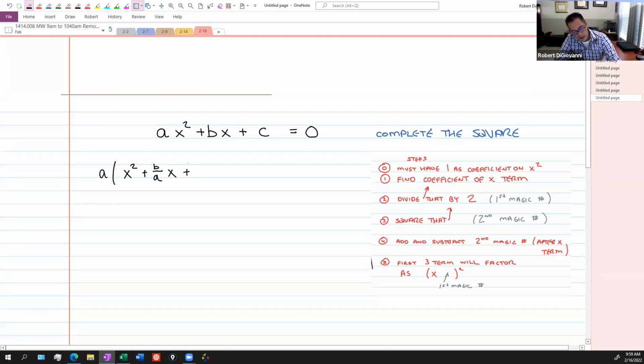And then if I pull an a out from the c, I'm going to have c over a equals 0. Do y'all believe that? If I push this a back through, I'll get ax squared. The a times b over a x, the a's will cancel. I have bx. When I push the a through here, the a's will cancel. I get c. So that's a legal move? Yes?